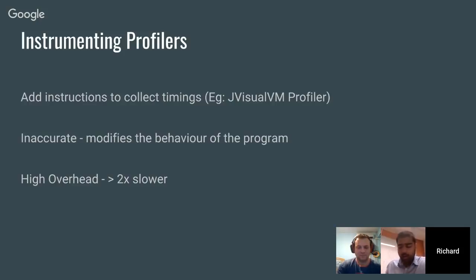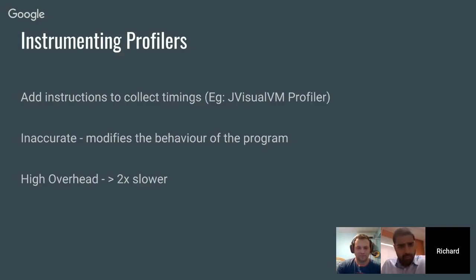Well, an instrumenting profiler adds instrumentation to the program under performance test in order to collect timings or information about the resource consumption of that program. So if you're trying to work out how much CPU time or how much wall clock time, for example, a program is using, an instrumenting profiler could instrument a program and add timing information to the start and end of every method, and then use that to reconstruct how long the program was spending in every method that it was executing.